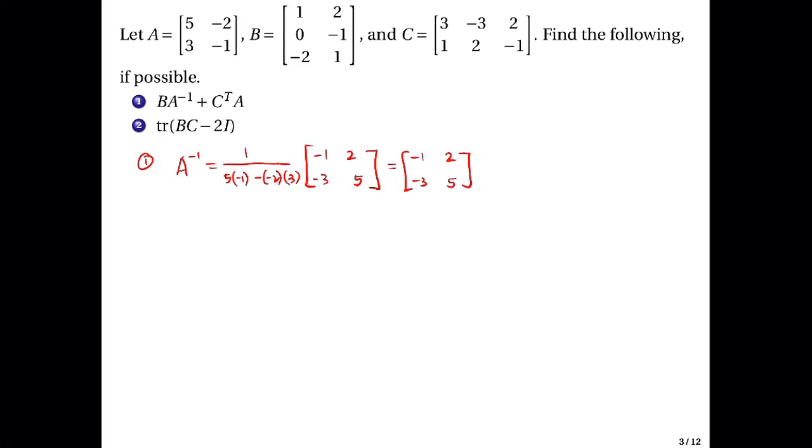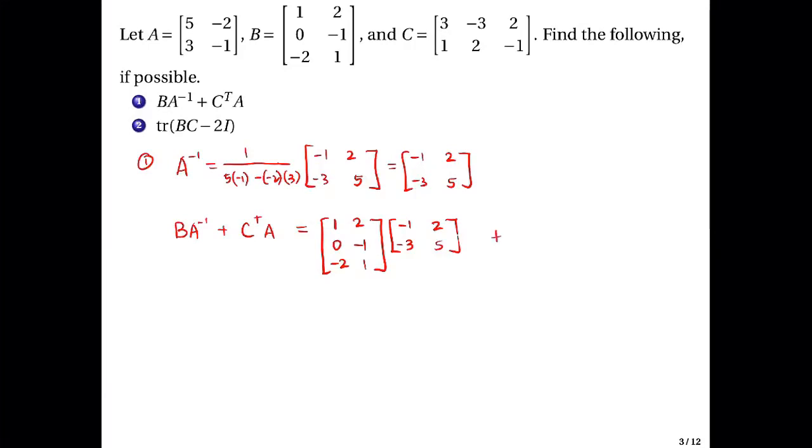So now, let us calculate BA inverse plus C transpose A. So matrix B, it's 1, 2, 0, negative 1, negative 2, 1. Then we multiply this to -1, 2, -3, 5. So that's your BA inverse.